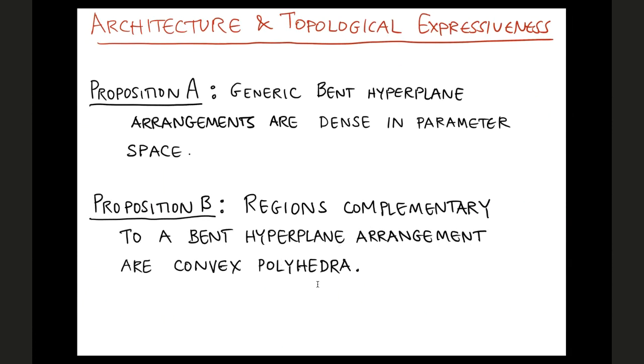In fact, a generic, I should have written generic here. I left out generic. So in fact, a generic bent hyperplane arrangement gives the domain the structure of a convex polyhedral complex. The codimension 0 pieces are these activation regions, these regions that you would color, or encode with binary tuples.